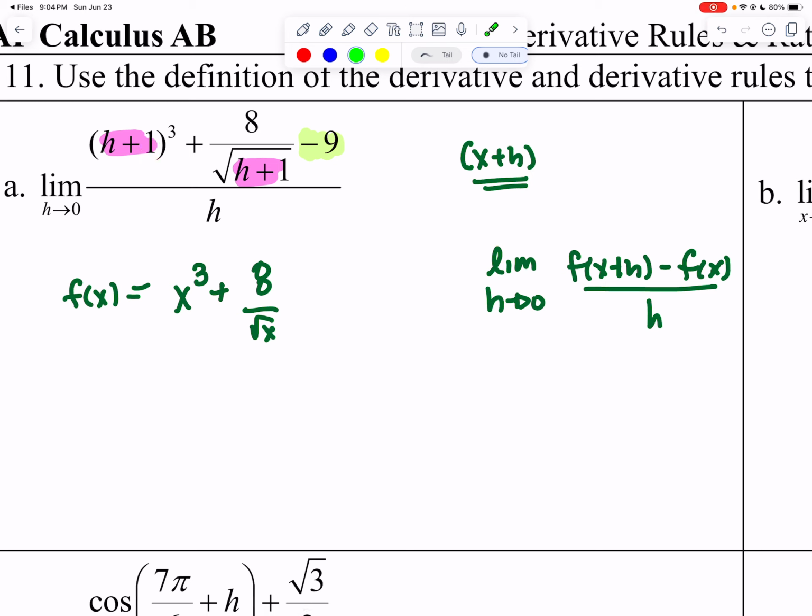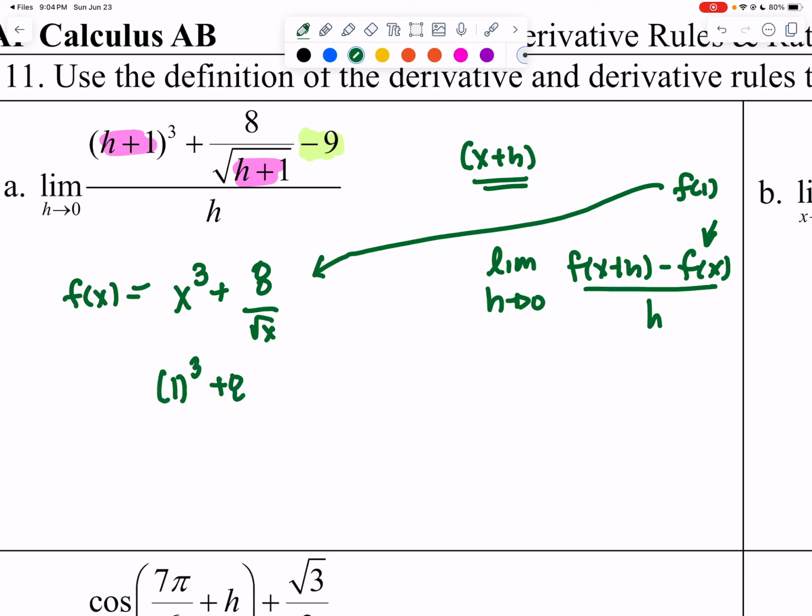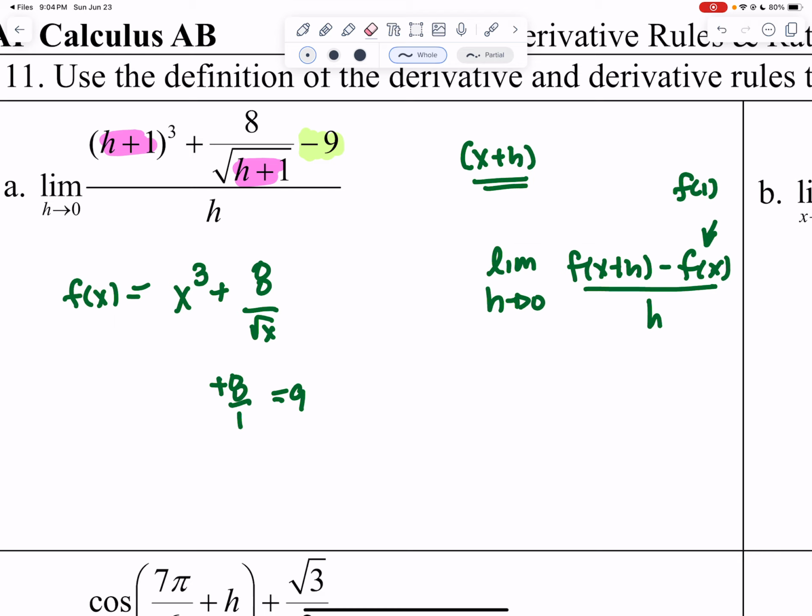Which means if I were to plug in this right here, f of x, aka this is f of 1, and I plug this into here, I should probably get 9. Which is true because if I have 1 cubed plus 8 over 1, I get 9. So that's a good way for us to think about if my function that we found is correct or not.